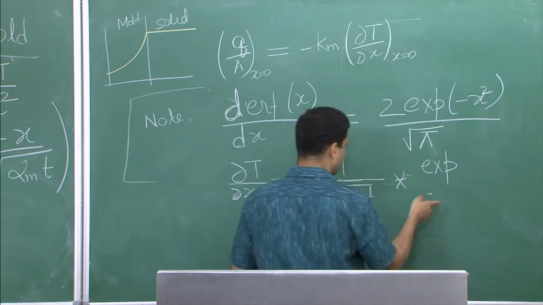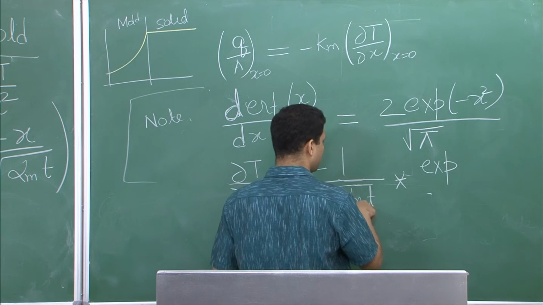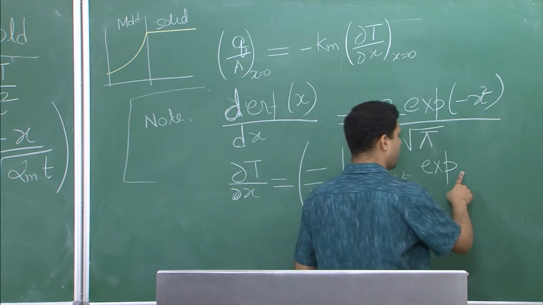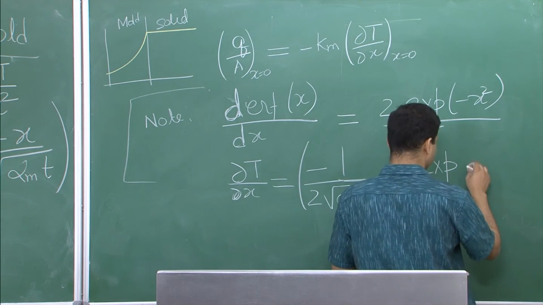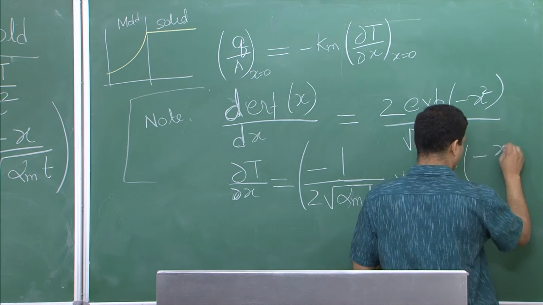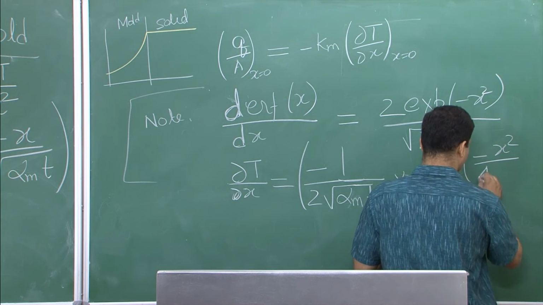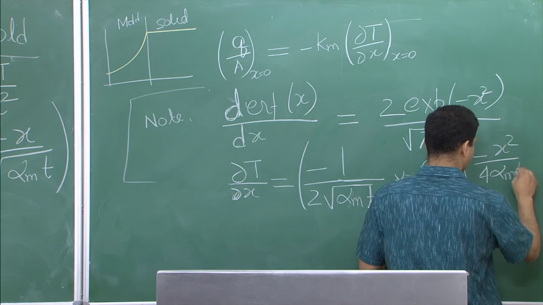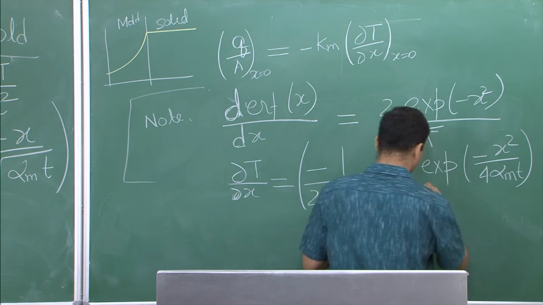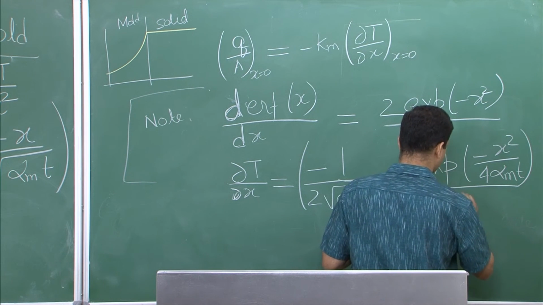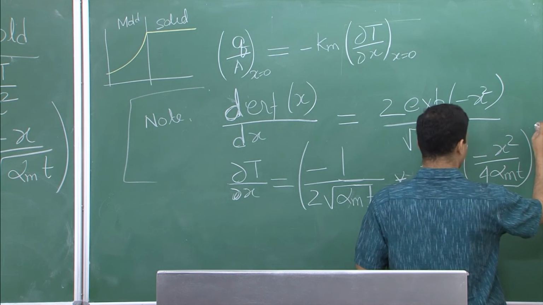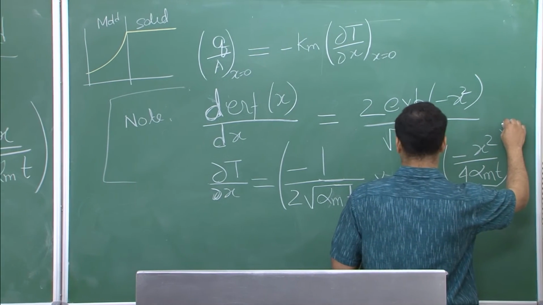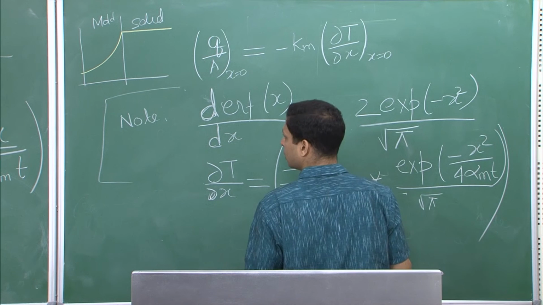Actually vice versa: this is differentiating g with respect to x and this is differentiating h with respect to g. And there is a Tm minus T naught term over here.